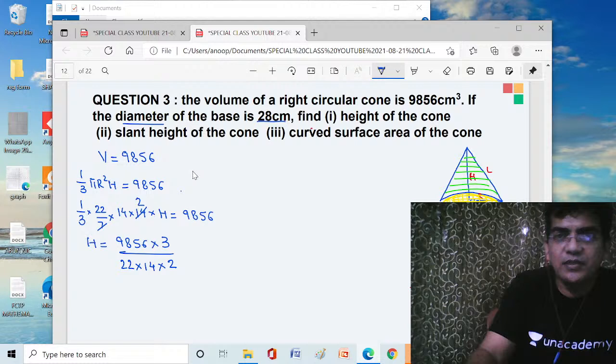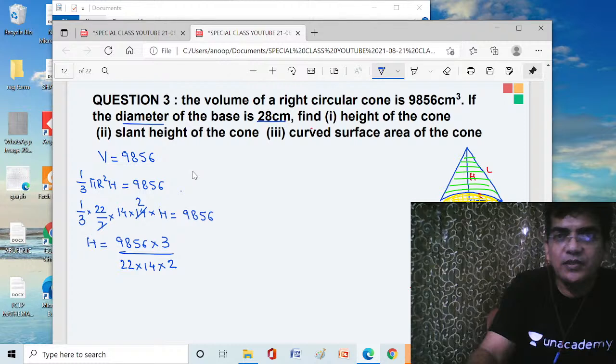Then let's reduce it by 7. 7 1s are 7, carry over 1, 7 2s are 14, carry over 5, 7 8s are 56.